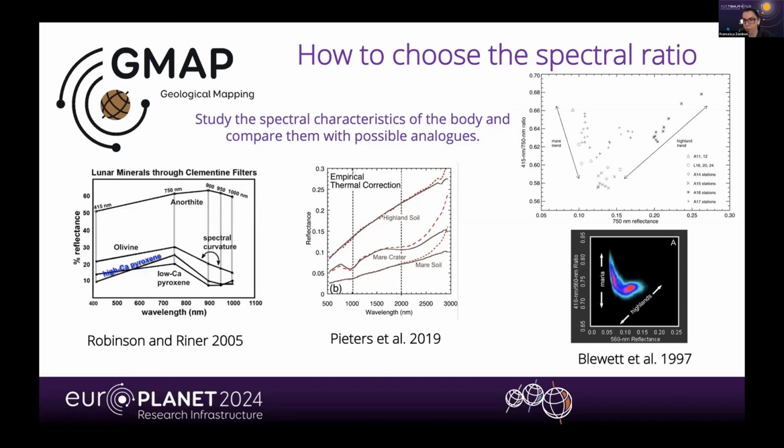These are from Clementine, and also in this case you can see the different trends among different terrains. It is another way to discriminate the spectral characteristics of different regions on the moon, but also on other bodies. And you see another similar plot that distinguishes the Maria from the highlands in the bottom plot.